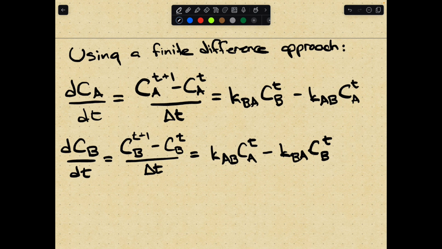I've now turned this differential equation into an algebraic equation. If I think about this in forecasting mode, an algebraic equation is an equation that we can rearrange with the key unknown on one side and all of the knowns on the other side, and actually just numerically turn a crank and solve for it.